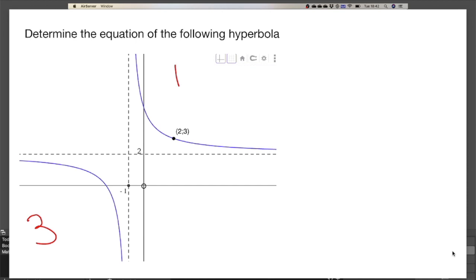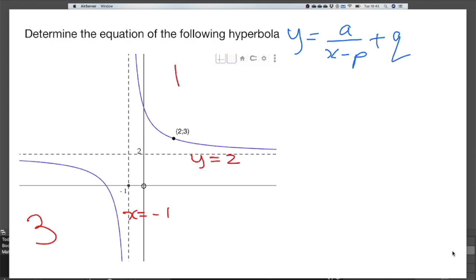Then the other values, like the value of p and the value of q, can be found from the graph. Remember, the equation will look like this. And we need to make use of the asymptotes in order to determine the value of p and the value of q. There are 2 asymptotes here. The vertical asymptote is given by the equation x is equal to -1. And the horizontal asymptote is this one here, which is y is equal to 2.